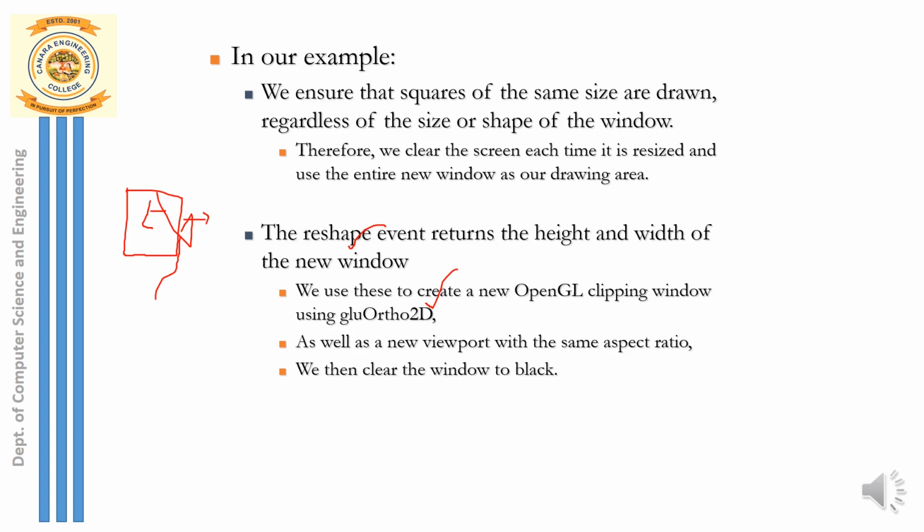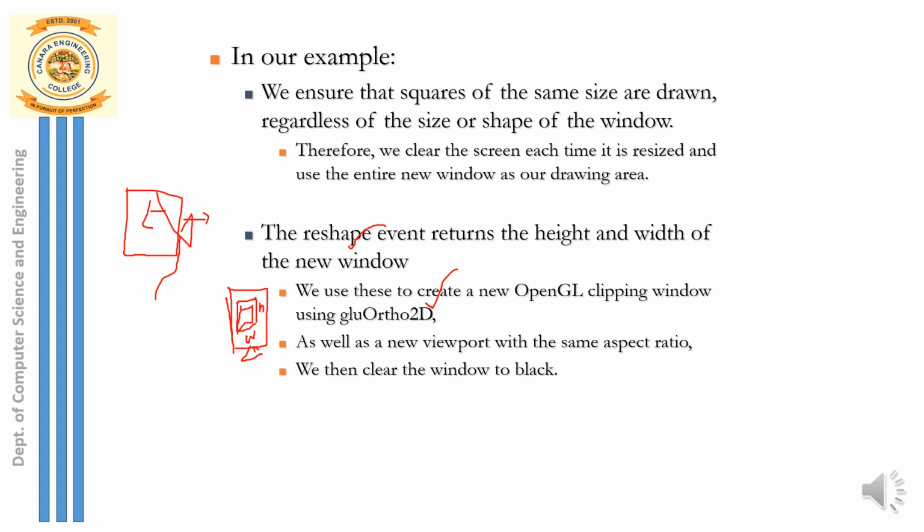What is it? First one is, we create a new clipping window inside the display window. If I have this as my computer screen, I will take one region there as my display window, and that display window will have a fixed width and height. Now inside that display window, I will have something called a clipping rectangle.